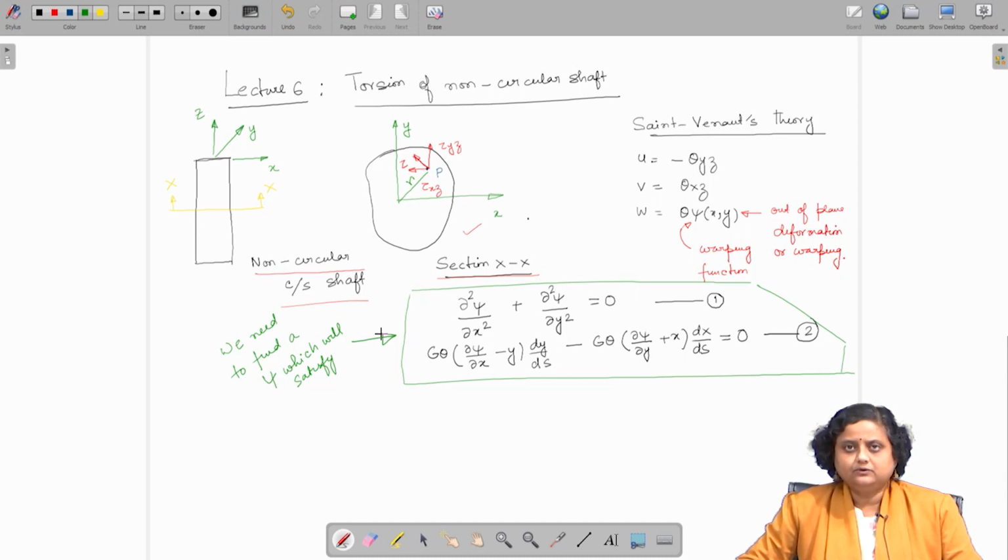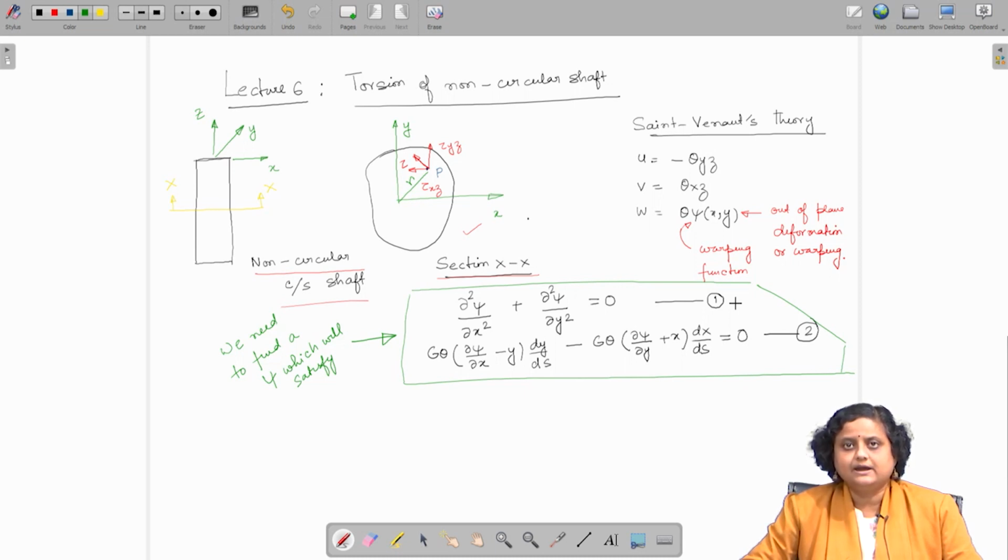Now, if you look into these two conditions, it is very easy to satisfy the first condition. We can very easily find a psi which is a function of x and y and which will satisfy the first criterion, but it is extremely difficult to find a psi which will satisfy the second criterion. It is not impossible, but it is extremely difficult.